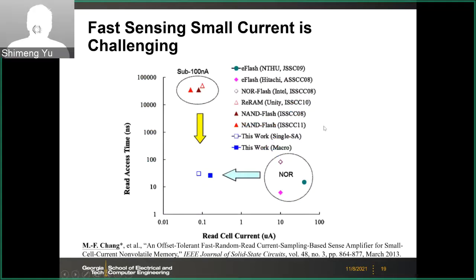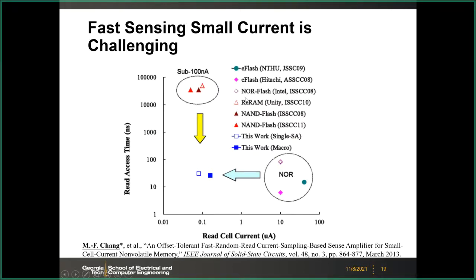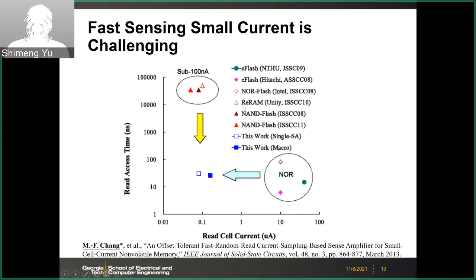And here is a survey of the sense amplifier sensing delay for different technologies, like NAND flash, NOR flash, and RRAM. Here, it depends on the read cell current, and we know that for NOR flash you have a relatively large current flow. Typically, the readout current is tens of microamps.